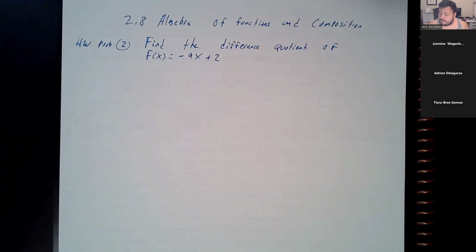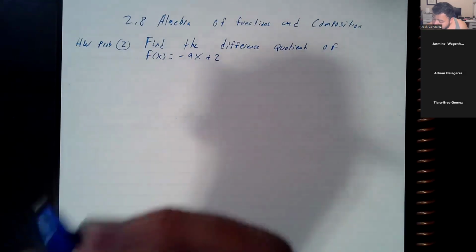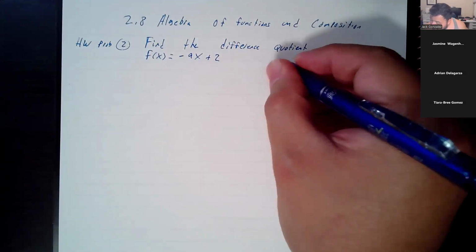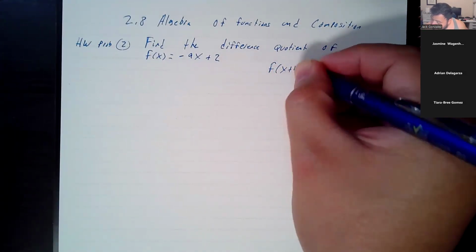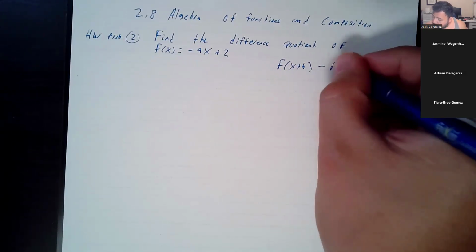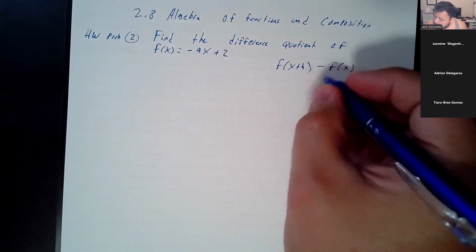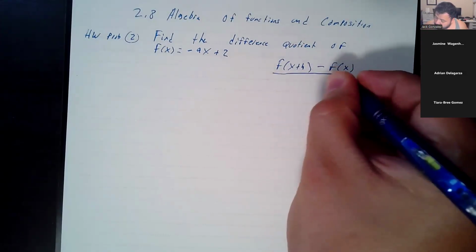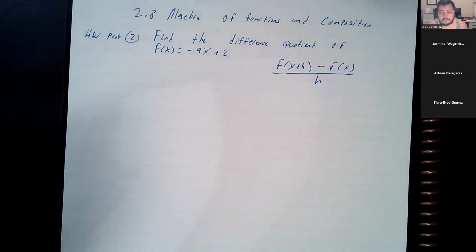Okay, so the formula they want us to use basically is this here: f of x plus h minus f of x over h.